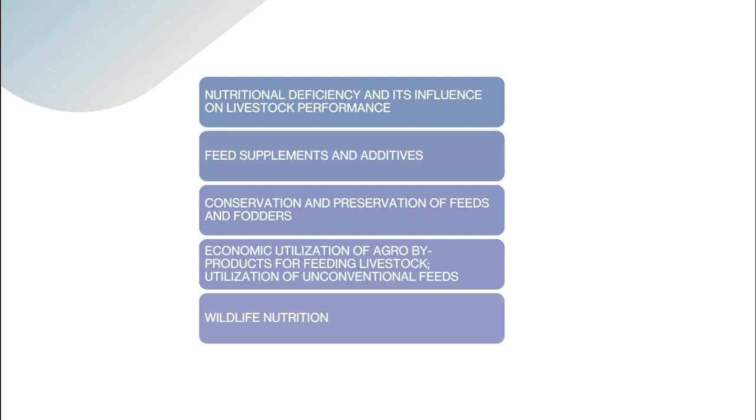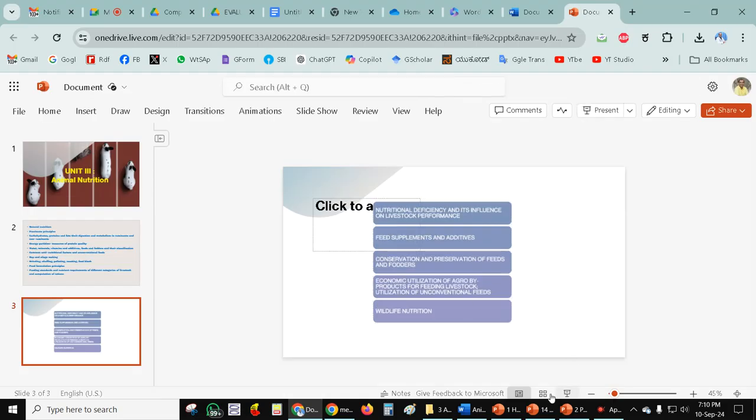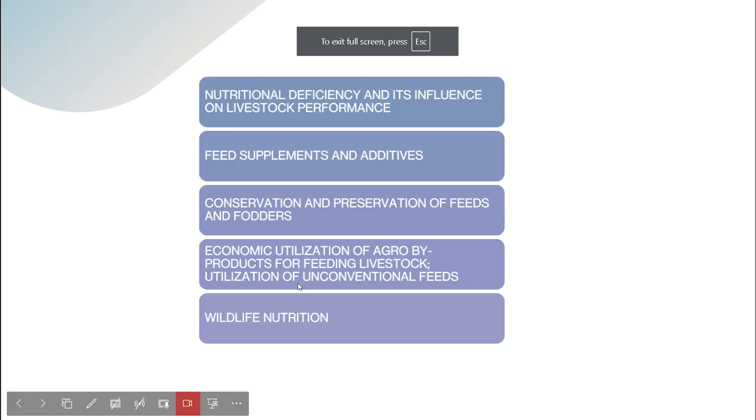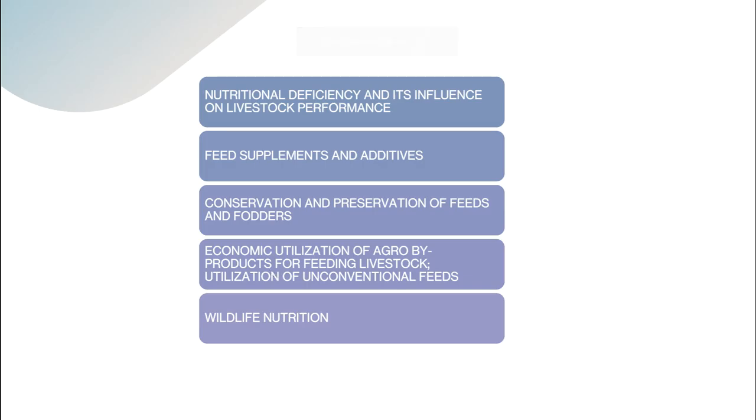Then the conservation and preservation of feed, especially cattle feed. Then the economic utilization of agro byproducts for feeding livestock, then the unconventional feeds. This is another chapter, and wildlife nutrition also needs to be covered under this chapter.